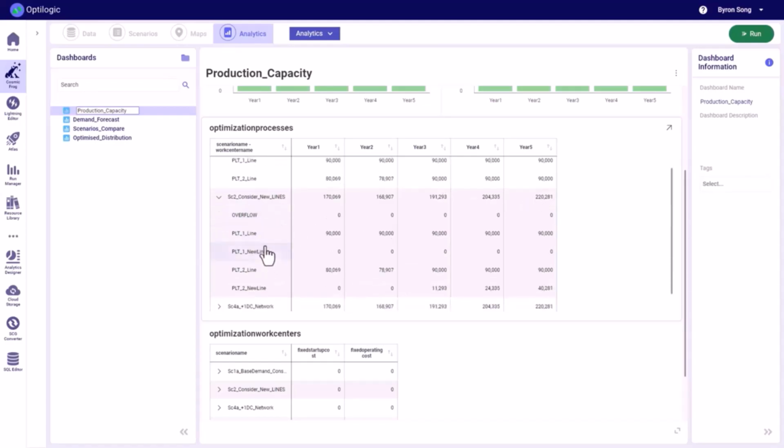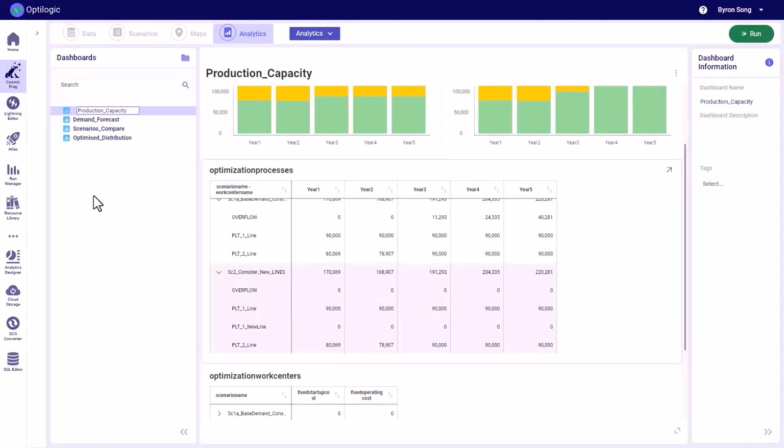Now looking at scenario 2, where we allow the new lines to be considered, we can see this new line in plant 2 is being used from year 3 onwards, whereas both the existing lines are maxed out. The new line in plant 1 is not used because the model determines it's sufficient to only open up one new line in plant 2, so there's no need to open another one.